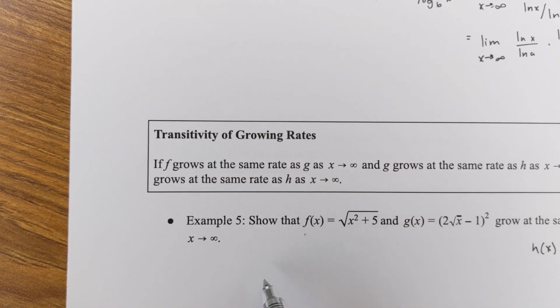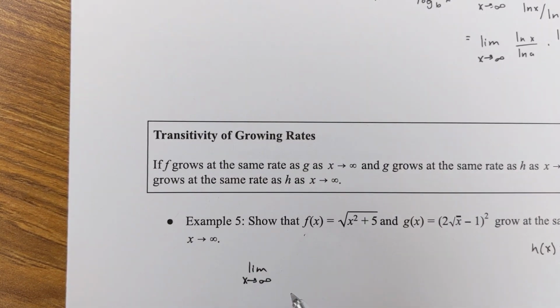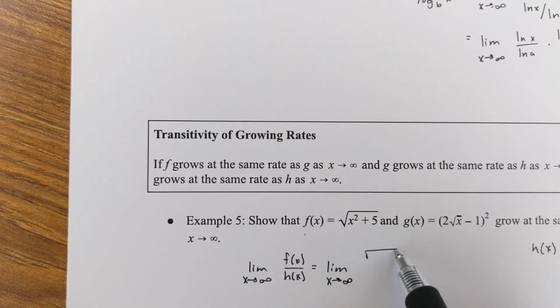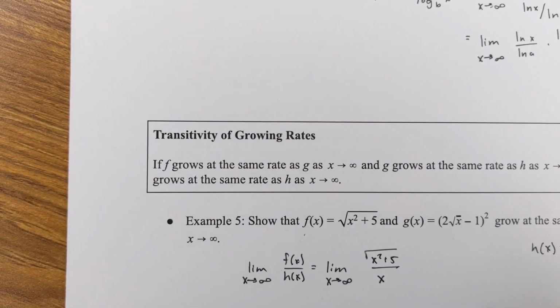So let's see here. So the limit as x approaches infinity of f of x over h of x is the limit as x approaches infinity of the square root of x squared plus 5 over x.